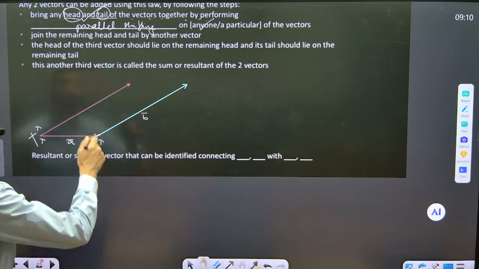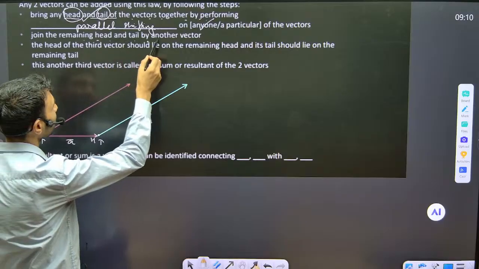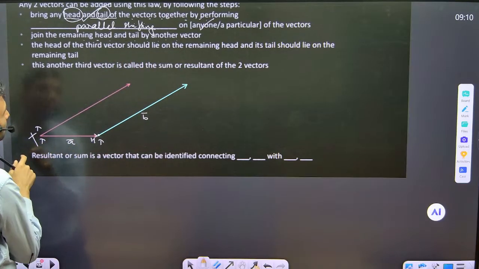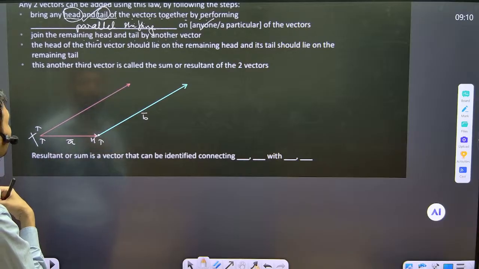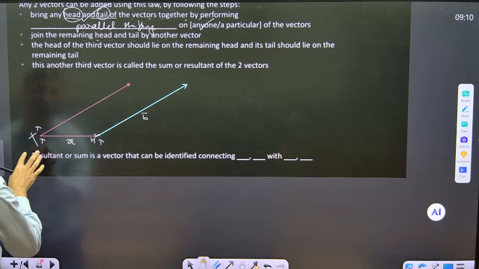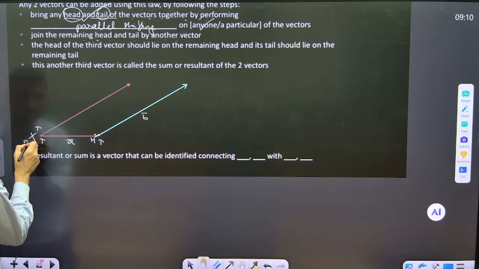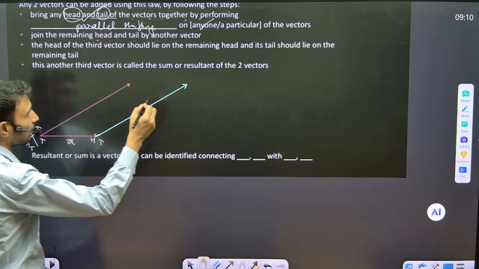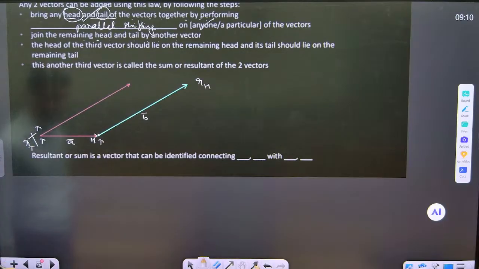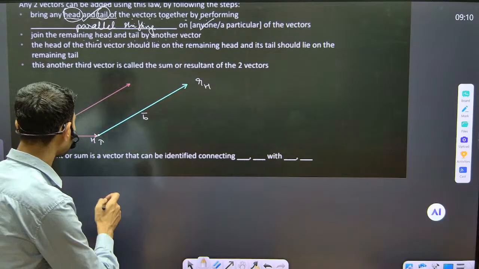Then join the remaining head and tail by another vector. So this is the remaining tail and this is the remaining head, and you have to join them together because now these guys are together, right?